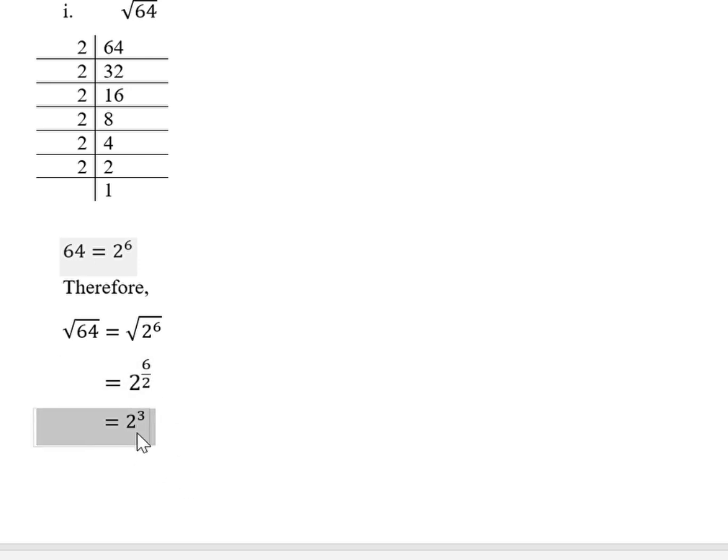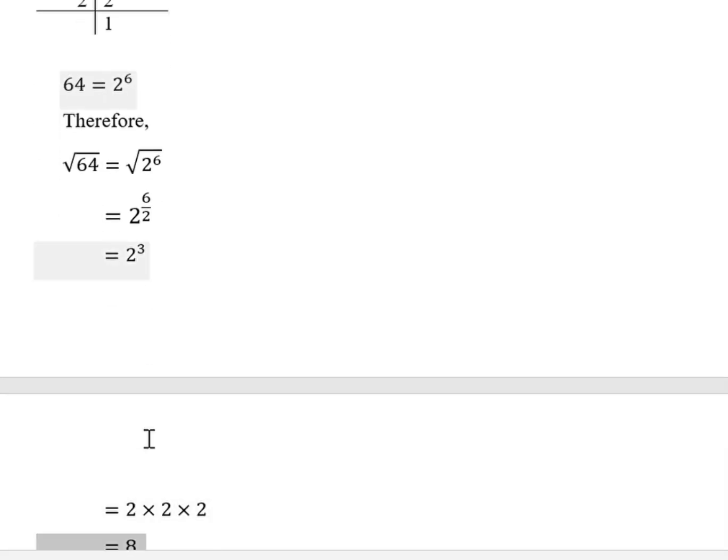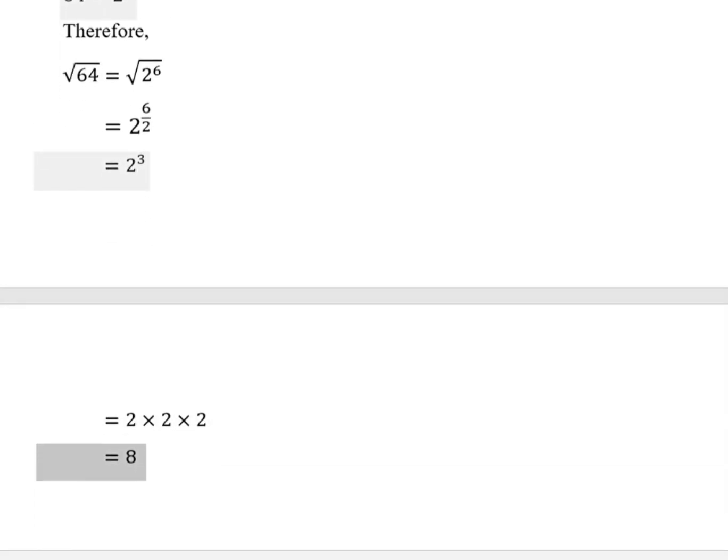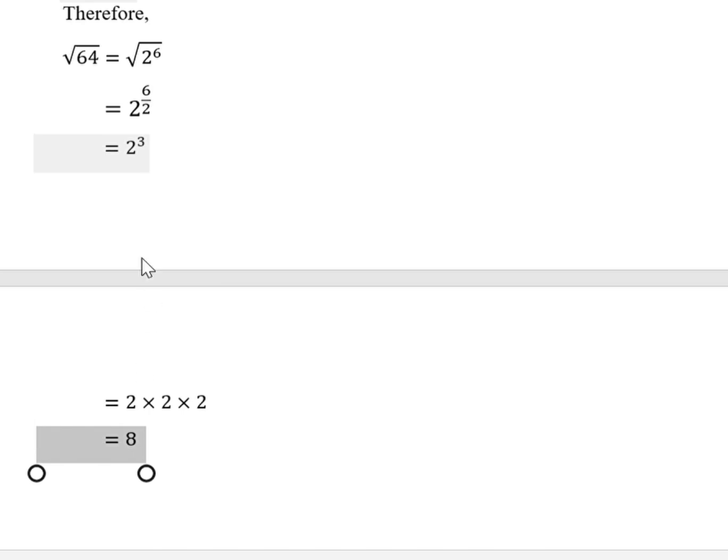In normal notation, it means 2 times 2 times 2, and that gives us 8. Therefore, the square root of 64 is 8. Remember, the moment we divide the power by 2, we do away with the root sign. So that's why you cannot see it here.